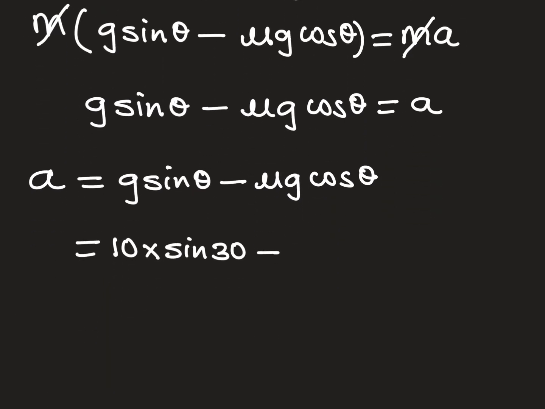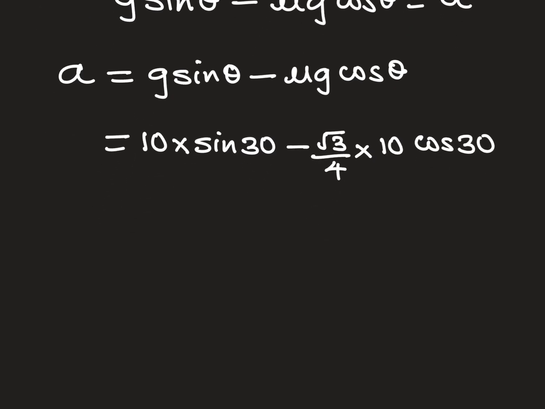So we write √3 over 4 multiplied by gravity, 10, cos 30. 10 sin 30 is 5, minus √3 over 4 times 10 cos 30, which is 3.75.